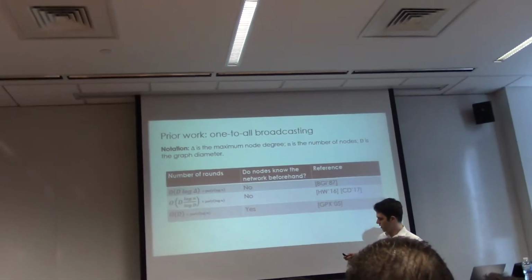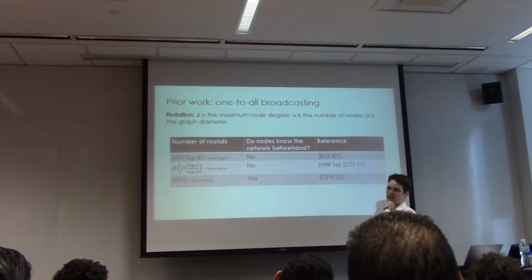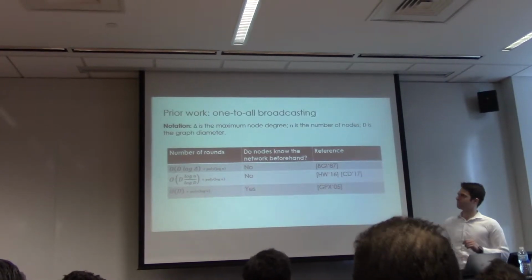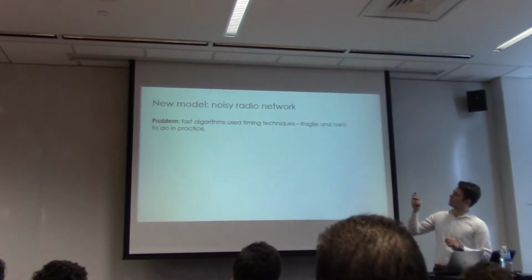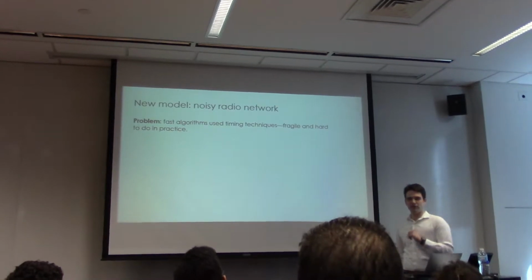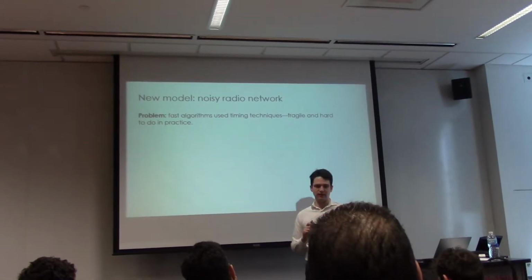And that's all good. However, it has one drawback that led us to our next model that we introduced in a recent paper. It's called the noisy radio network model. The problem with that optimal order-diameter algorithm is that it uses something I call a timing technique.